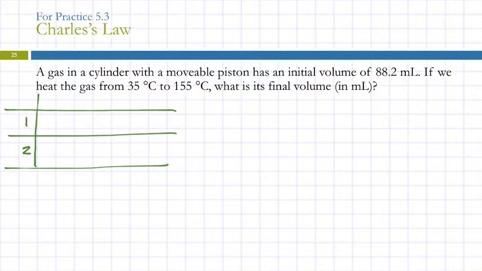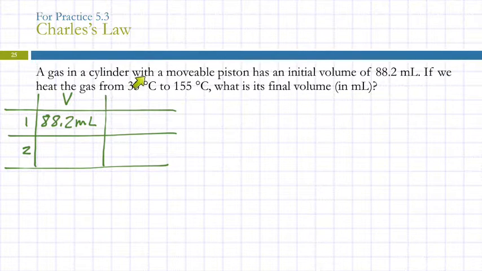So I'm going to write that down in row 1. 88.2 milliliters. And then I need to label the column. That is a volume, so I'm going to label this column V. I'm going to put all my V's in the same column. Then I go along and I find another number.